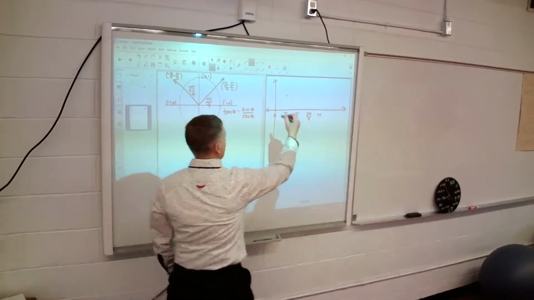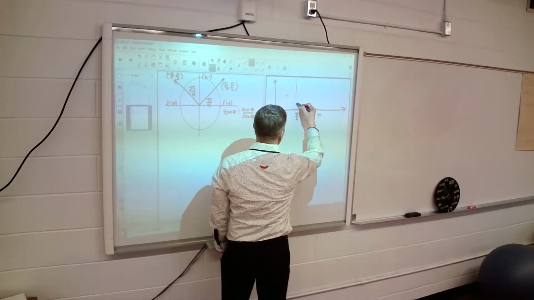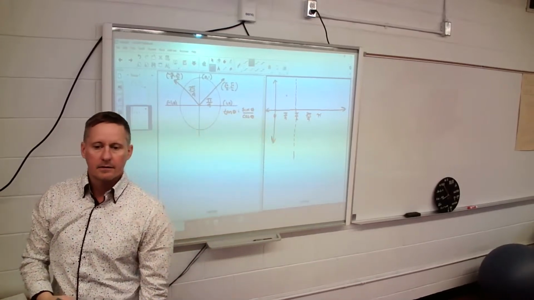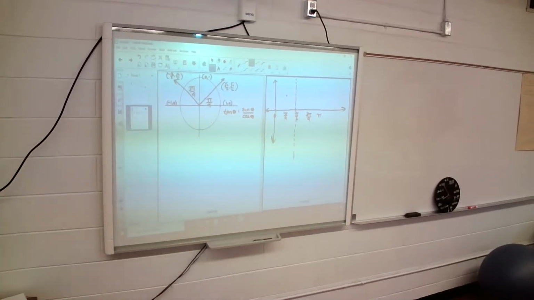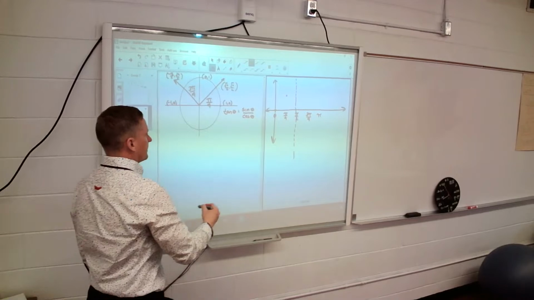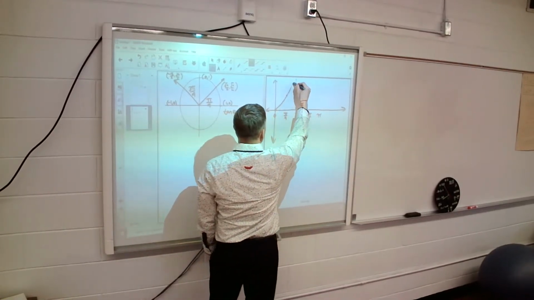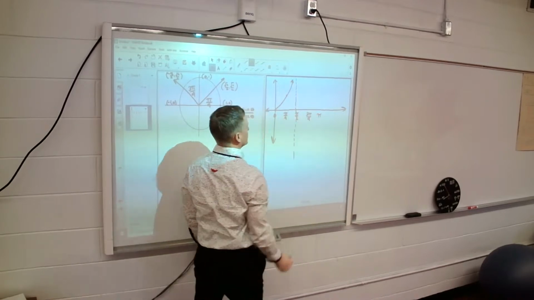So I take an imaginary line, and I draw it straight up and down. The tangent graph then approaches that line but never crosses it, so it goes up like this into that position.